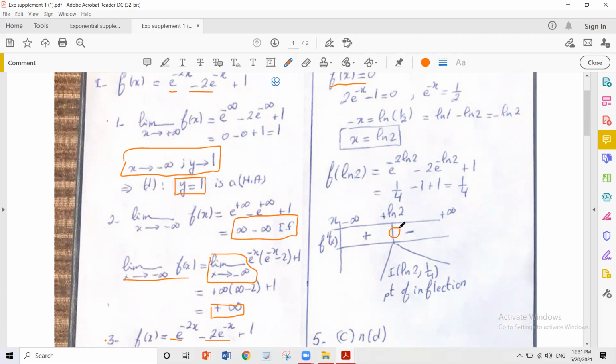You have to prove it changes sign. F double prime from minus infinity to plus infinity.